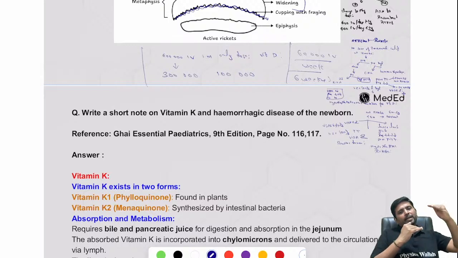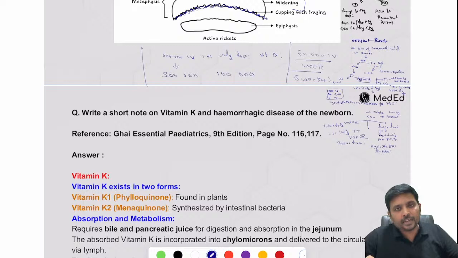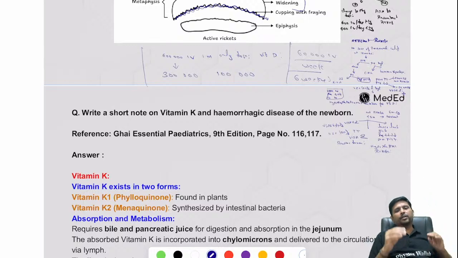So when someone asks a question about vitamin K, first write breast milk contains insufficient vitamin K. Second point, all exclusively breastfed infants should be given a single dose of vitamin K, 1 milligram if the child is more than 1000 grams and 0.5 milligram if less than 1000 grams.